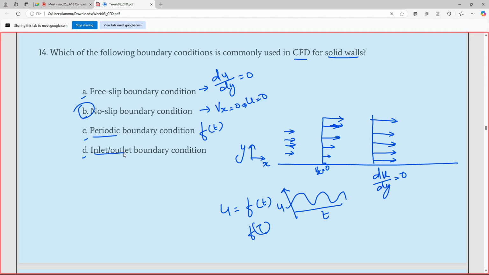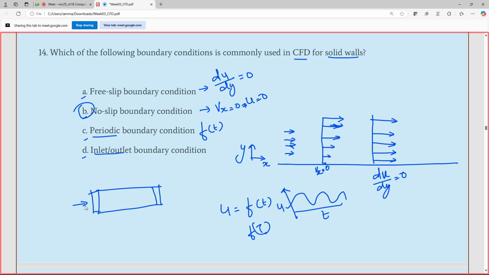And the inlet outlet boundary condition is the common patch or condition that is given to the inlet or outlet of the geometric domain. There are different types of boundary conditions, and when you are establishing some code, you have to define which type of boundary condition. Suppose this is a geometric model, a rectangular duct.